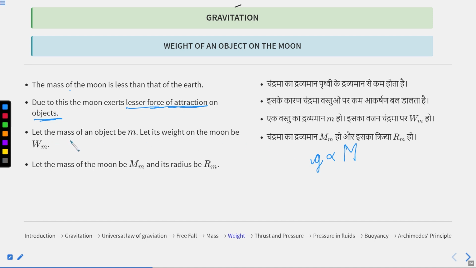Okay, let the mass of an object on the moon be small m, and the weight of this object on the moon be Wm. Let capital Mm be the mass of the moon, and Rm the radius of the moon.